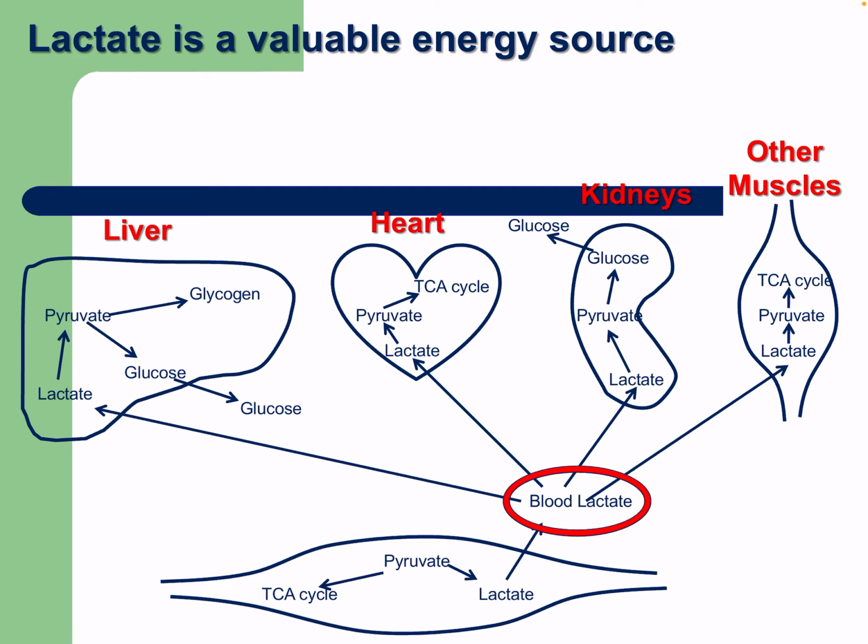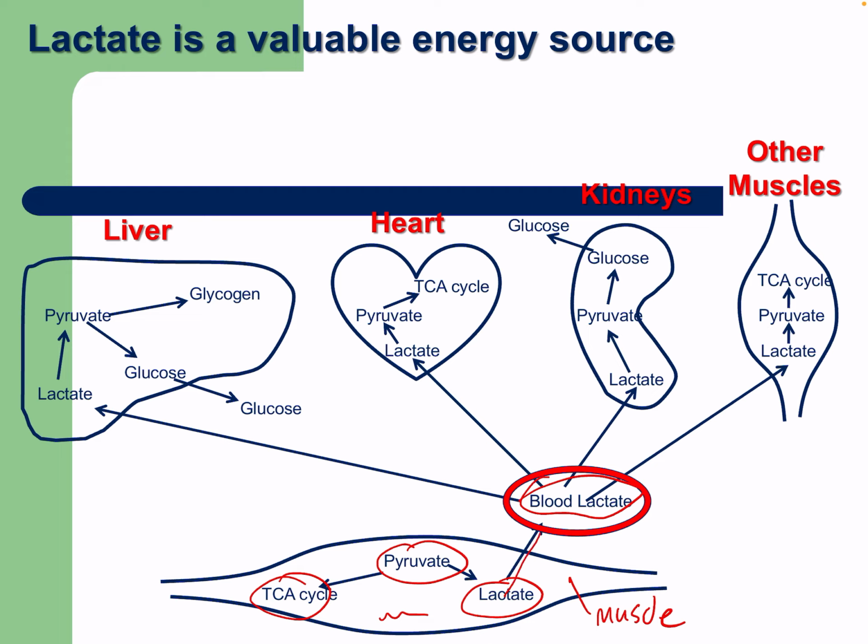So again, lactate is a valuable energy source. So we're exercising, our blood lactate rises. Here's our pyruvate. It can either go to the citric acid cycle or lactate. This is in the muscle, and it's working hard, so we're going at a very high intensity, producing lactate.